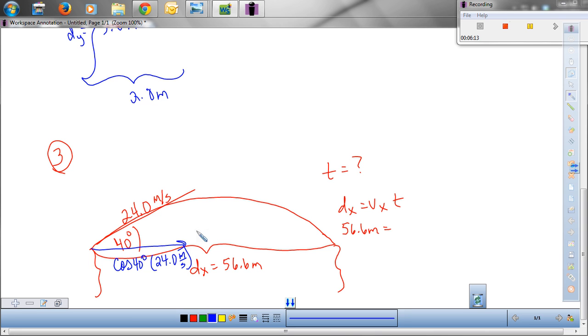If I take my trusty little TI and punch in cosine of 40 times 24.0, his horizontal velocity was about 18.39. So that speed never changes because gravity never acts horizontally. So 56.6 divided by that 18.39, he was in the air for 3.08, or basically 3.1 seconds, equals time of flight.